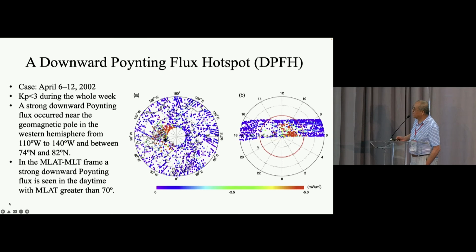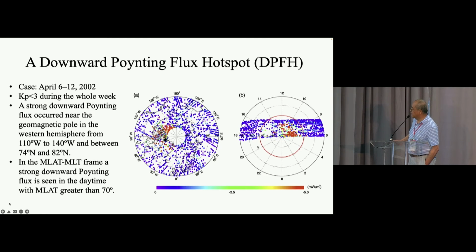When they calculated the Poynting flux, they found that around longitude 120 to 140, near 80 degrees latitude, there are really high Poynting flux spots compared to other longitudes. When you put all the data together, you see a strong downward Poynting flux here.